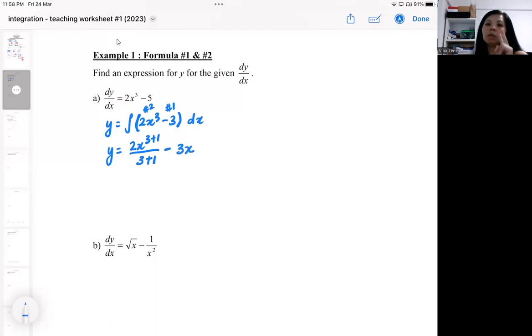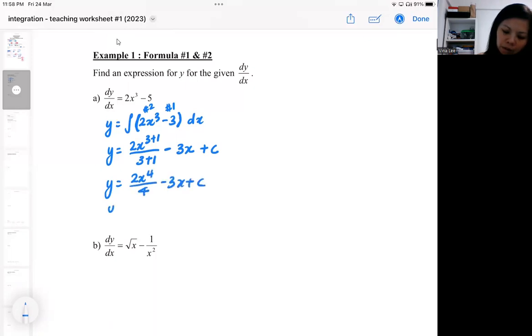So you are integrating twice, but you do not need to put 2 constants. You just put a generic constant will do. And from here you simplify. So you get 2x^4 over 4. And then here you actually get a half. So that is the correct expression.